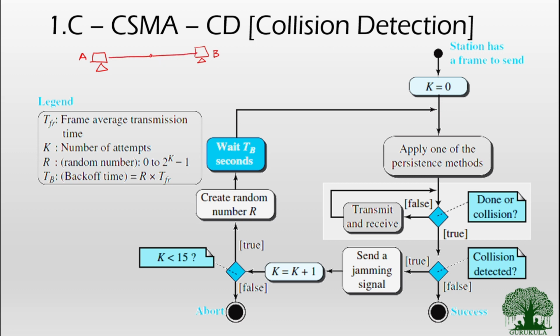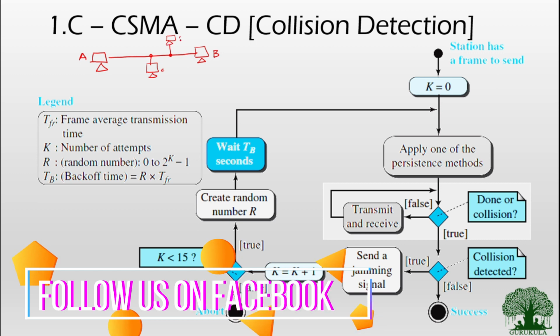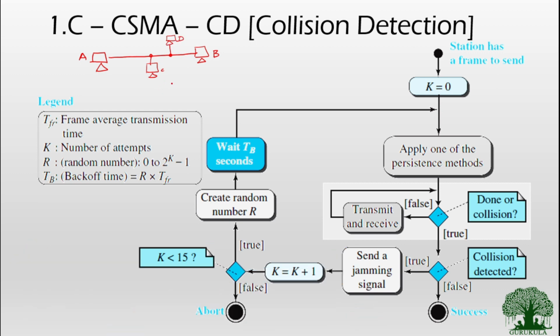I will also assume that this channel is shared by several other systems, so I will call them A, B, C and D. All these A, B, C and D are the stations connected on a commonly shared medium, which you can see over here. Now for our example, and to take our discussion further, let us assume that A wants to send its data to B.